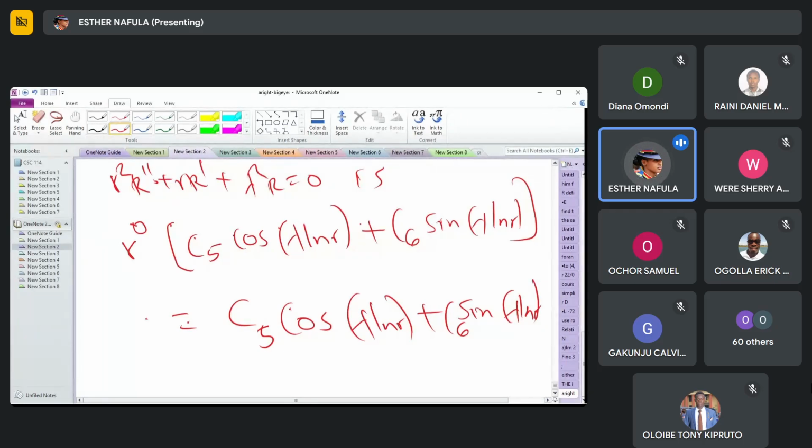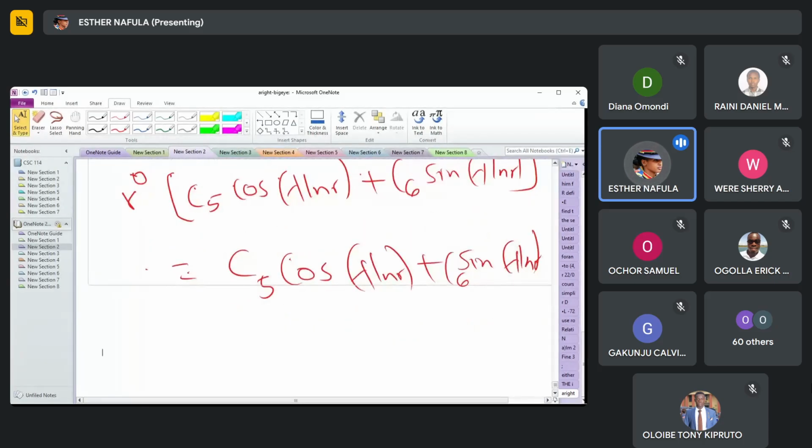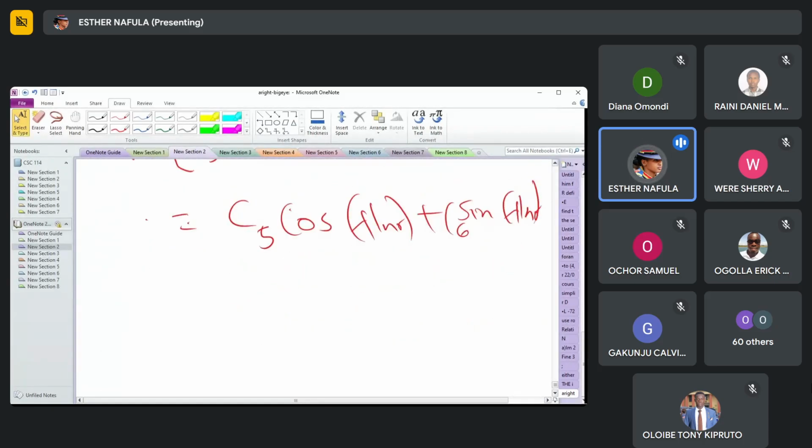We solve for theta for the case where k is less than 0. So we'll have theta double prime, maybe I should say equation 2, theta double prime minus lambda squared theta equals 0.